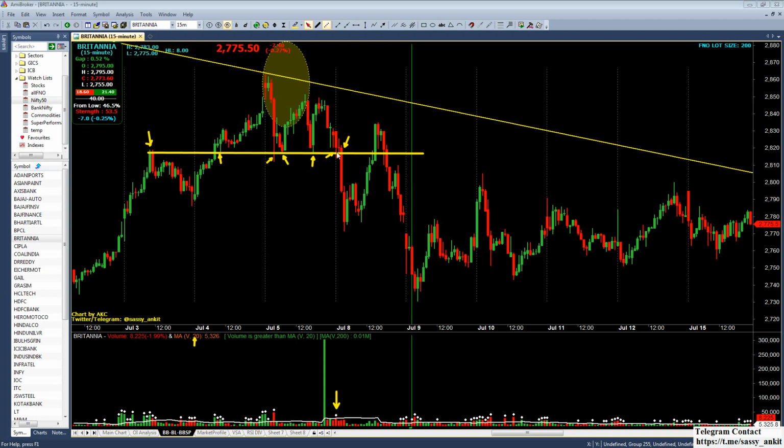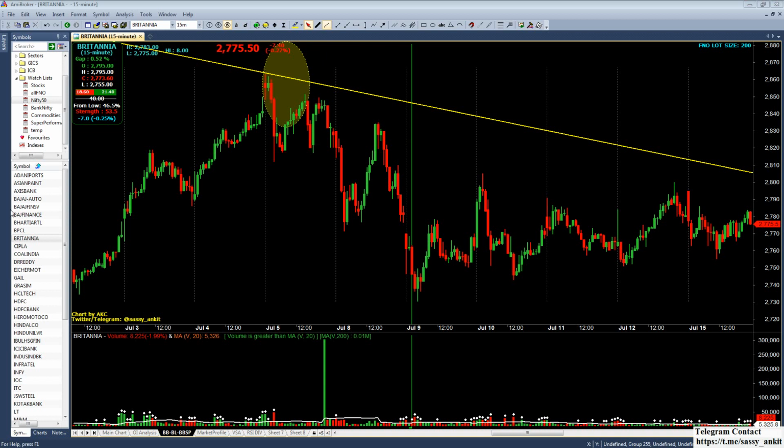As soon as it breaks and comes back and you see this shallow rally, immediately here you will place your order and your stop loss will be here. Those who believe in risk to reward ratio can see how much risk to reward we are getting.